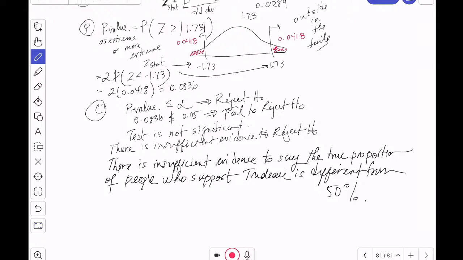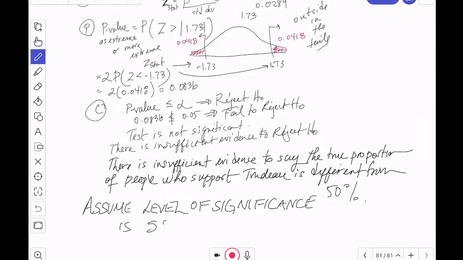It'll just say use level of significance. They'll tell you.